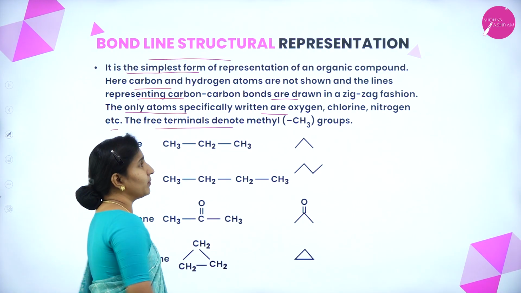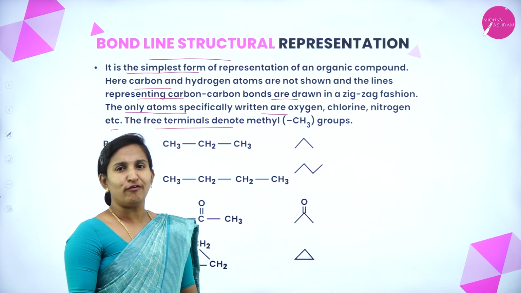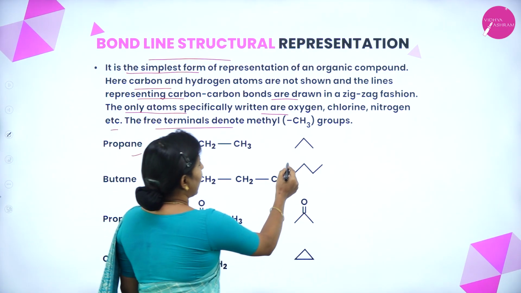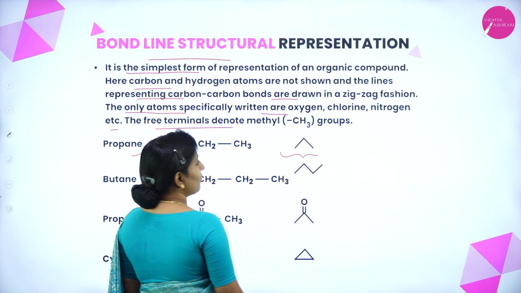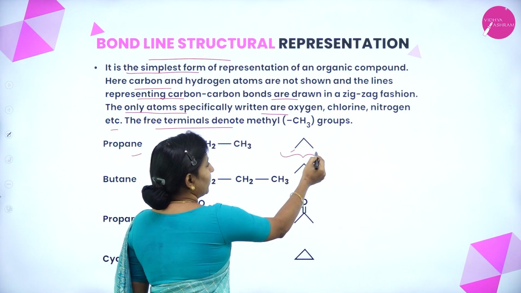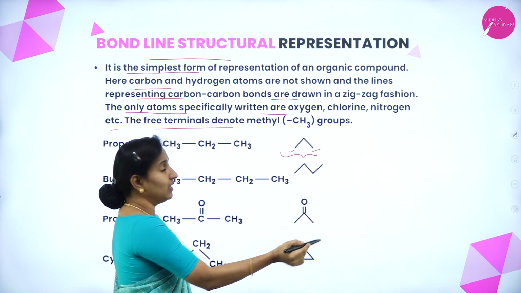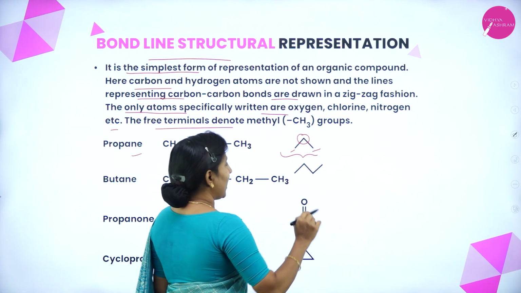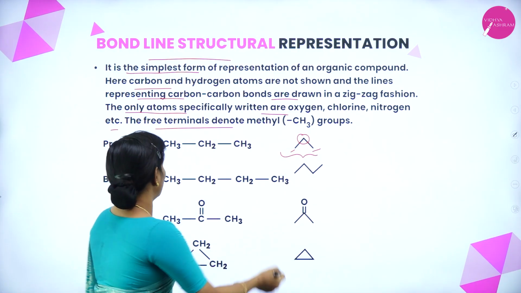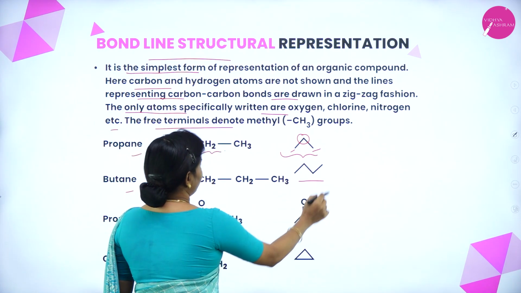The free terminals can be considered as the presence of a methyl group. For propane, we can write the bond line structure like this. Both terminals contain a CH3 group, that is, a methyl group. This edge represents the presence of a CH2 group. This is butane, presence of 4 carbons.